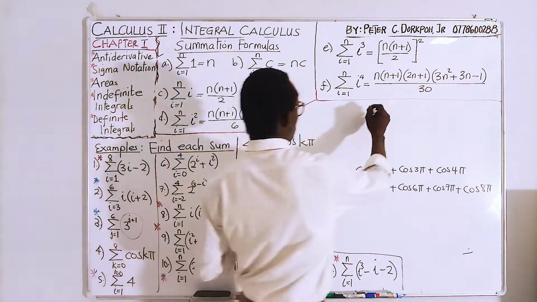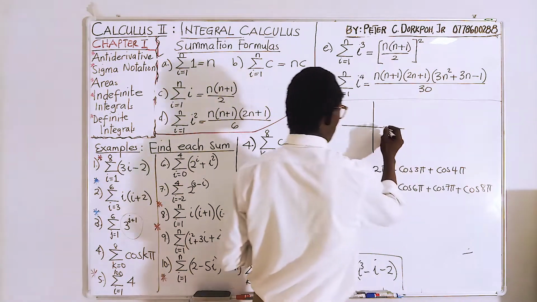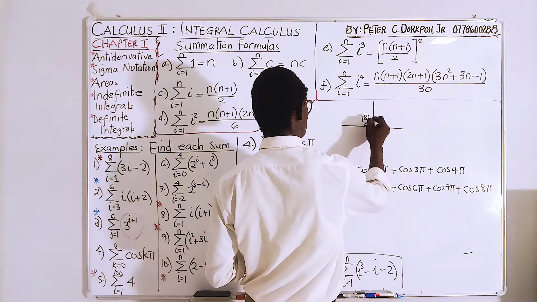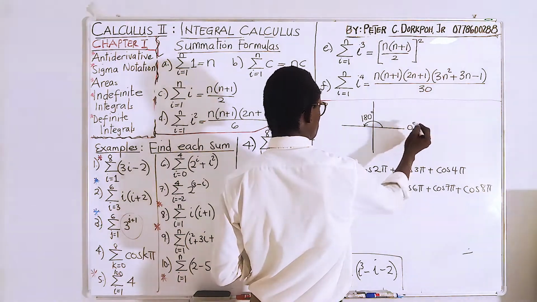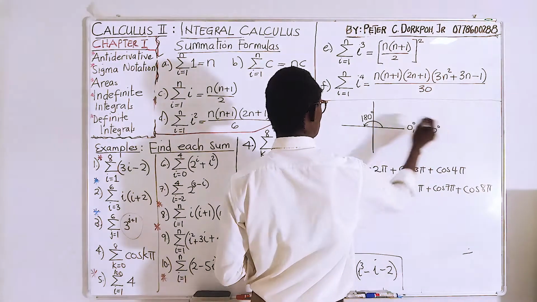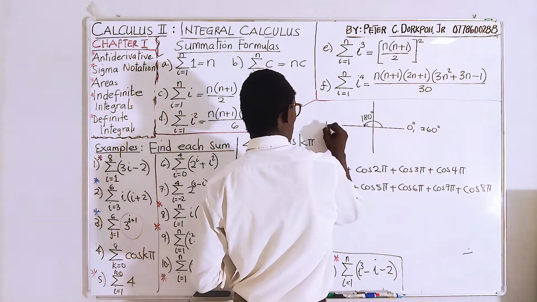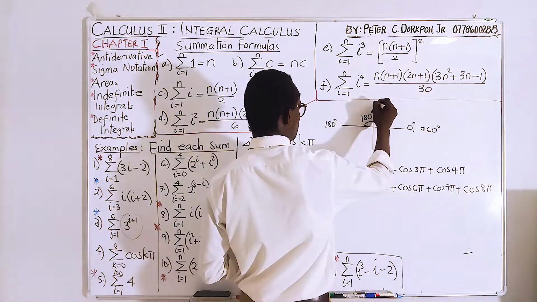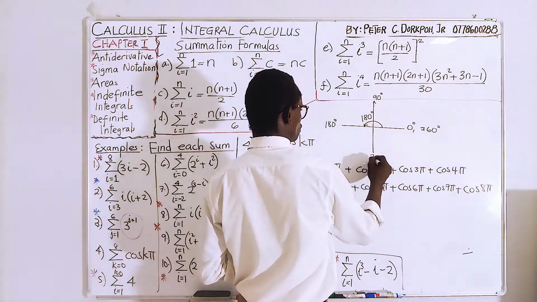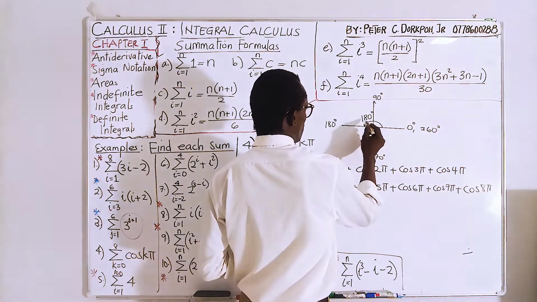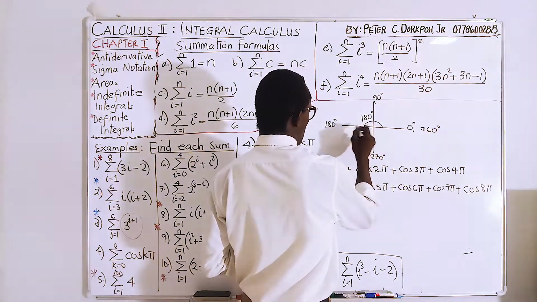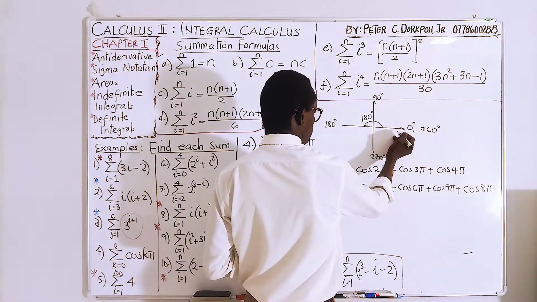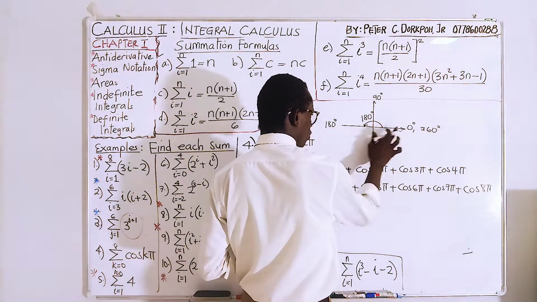Now, remember that π is equal to 180 degrees. This is 0 degrees, this is 360 degrees. This is now 180 degrees, right? This is 90 degrees. This is 270. So 180 degree angles that are formed with the x-axis are related to cosine.